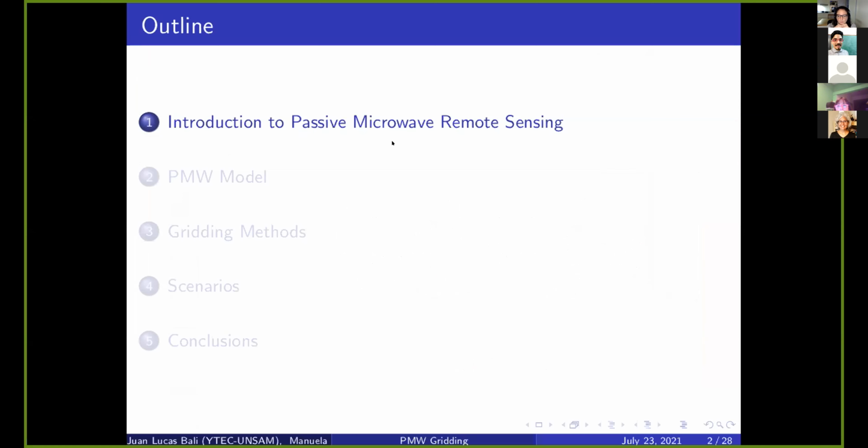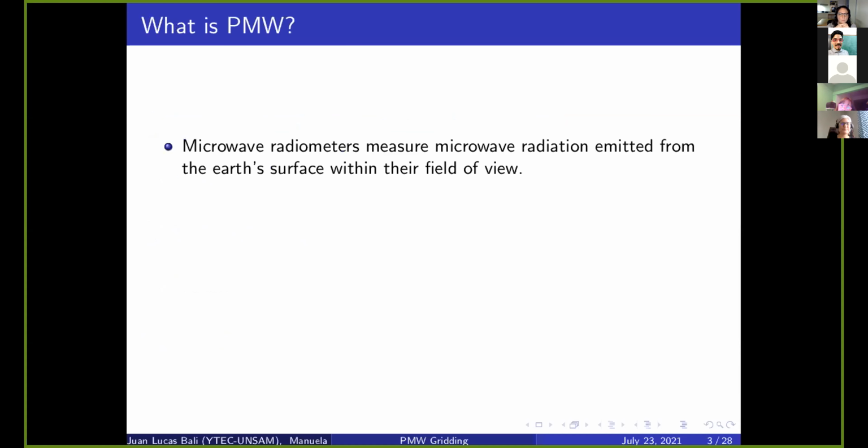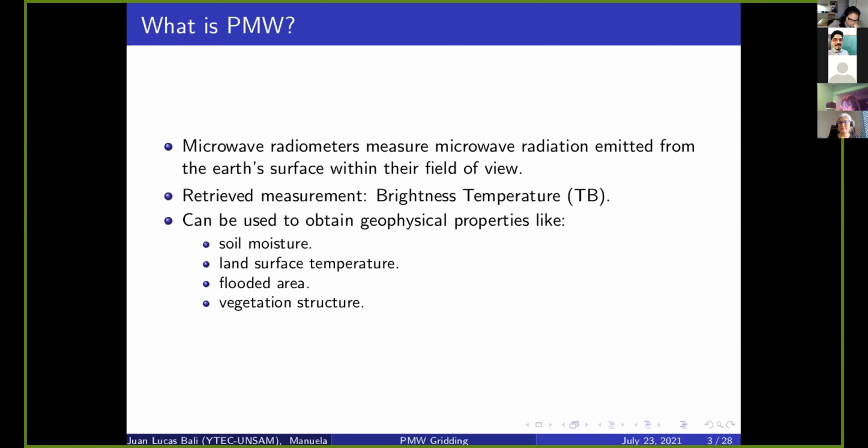First, a little introduction regarding this satellite technique that is mostly used to measure radiation emitted from the Earth's surface and capture information regarding different geophysical properties of the land. For example, soil moisture, land surface temperature, determination of floodings, and vegetation structure. This is quite used for the classification of different types of vegetation.